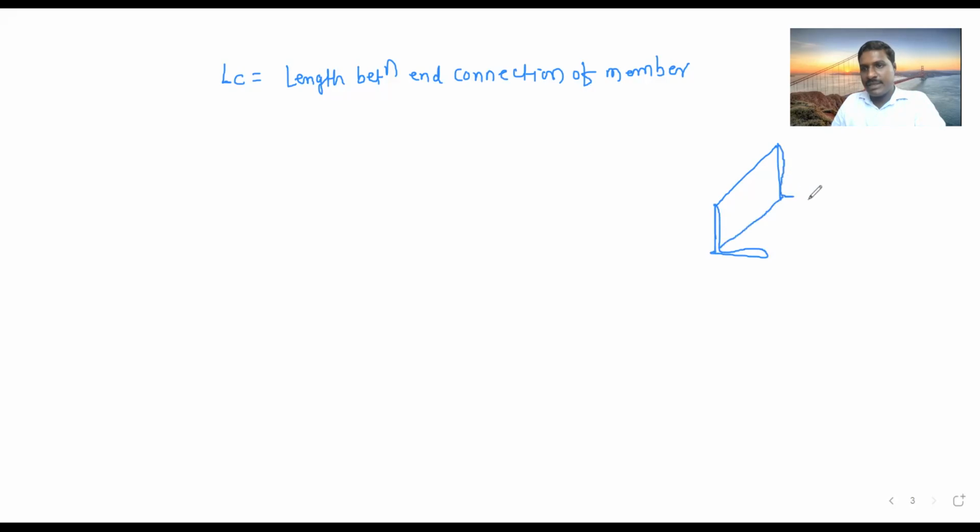Length between end connection of member means what? Again, this is your connection, angle and plate we have connected. So if we connected, sorry, just a minute.